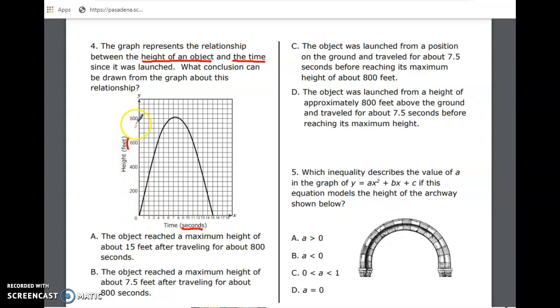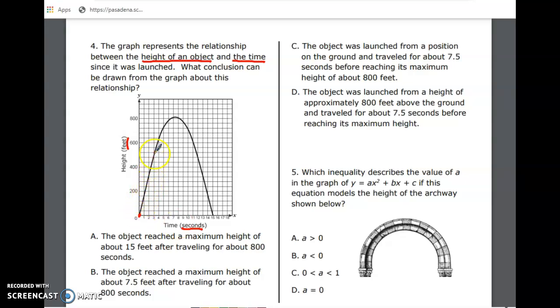When we look at these numbers up here, 200, 400, 600, 800, we're talking about feet because that's the height of the object. We don't know what it is. It could be a ball, it could be a rocket, it could be fireworks, we don't know, okay? So it was launched right here. It took off from right here, 0 feet, 0 seconds, okay?